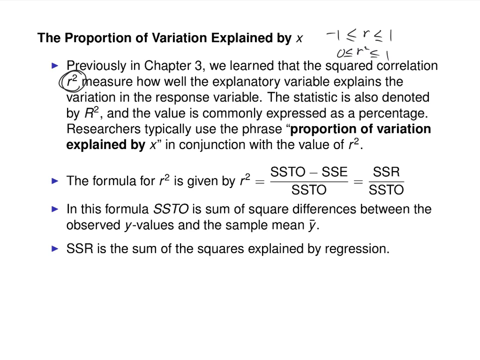That statistic is also denoted by capital R squared, and the common phrase to express this is the proportion of variation explained by x. That's kind of the proportion of variation of y explained by x.